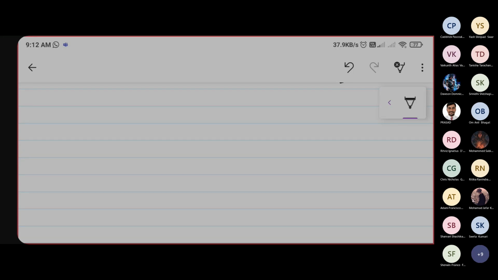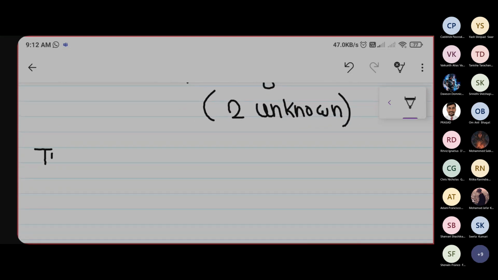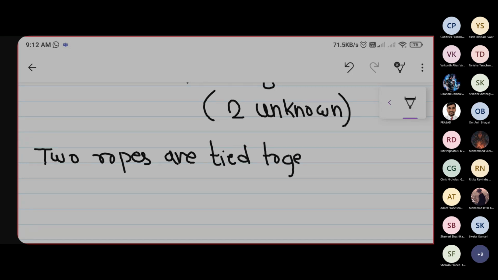Okay, I will write that problem for you. Two ropes are tied together at C.